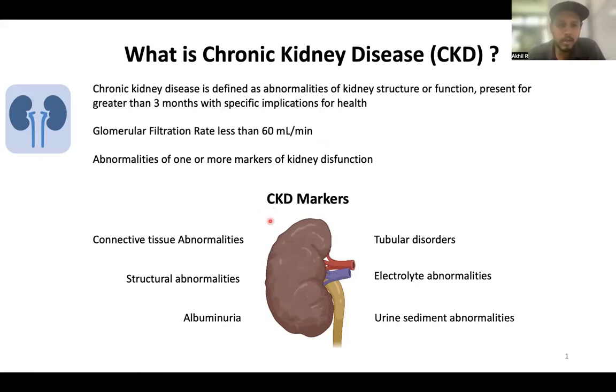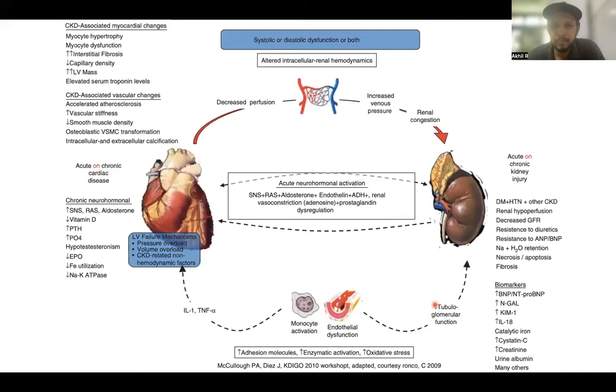Most importantly, connective tissue anomalies, that is abnormality with connective tissues, then structural abnormalities, and an increase in albumin content would be seen, and then tubular disorders and an increase in sodium and potassium content, that is the major electrolytes. Those anomalies can be seen, and can be used as a marker for identification. Also, urine sediments, an increase in urea content and an increase in creatinine content will also be observed.